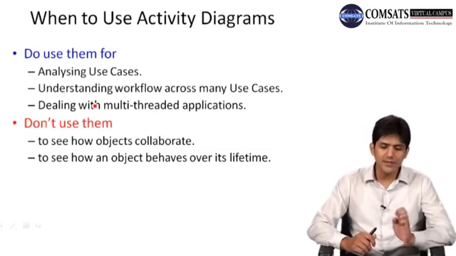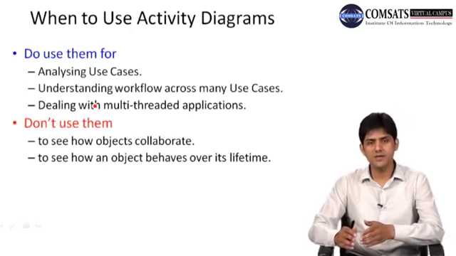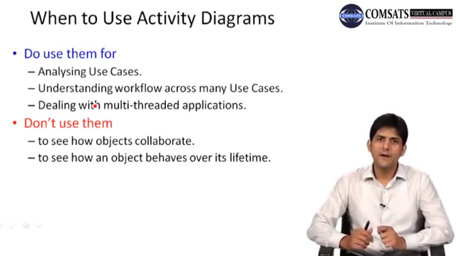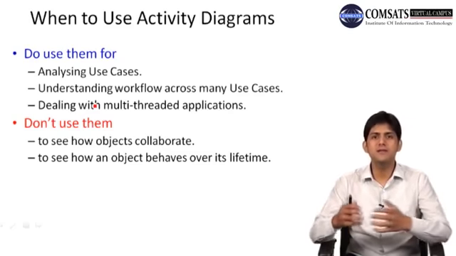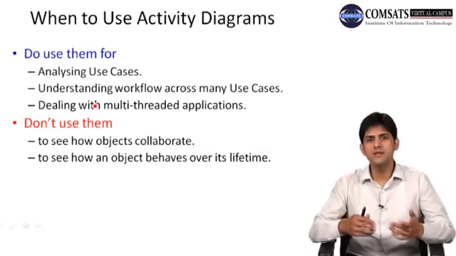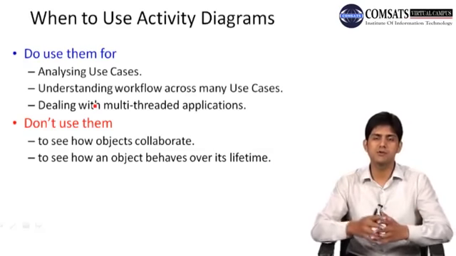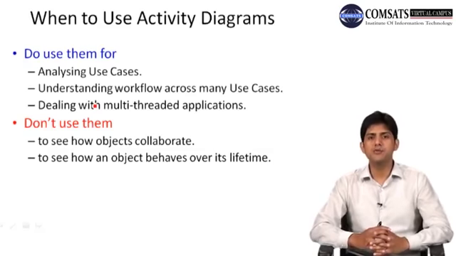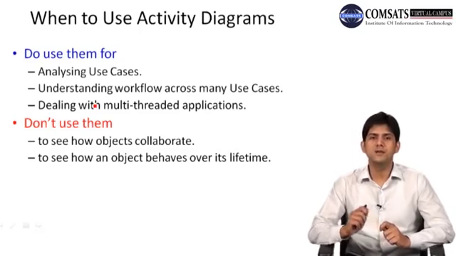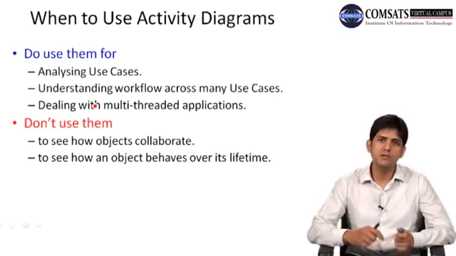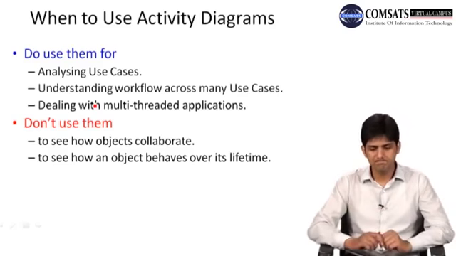Secondly, it can help in understanding the workflow across many use cases. For example, you have made separate use cases for employees and for the HR manager in a human resource management solution. The HR manager can sign in, generate reports and view the attendance of all the employees, whereas employees can just mark their attendance.